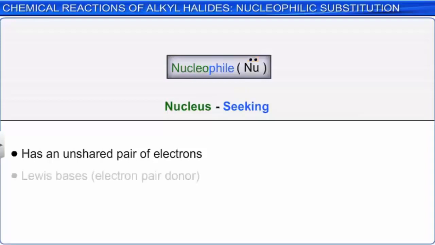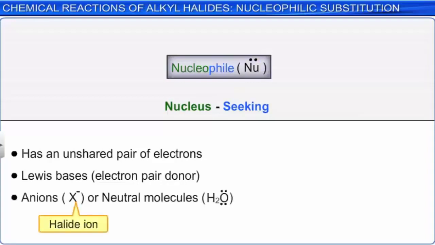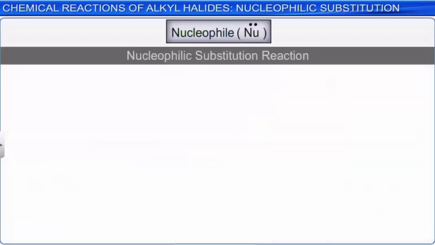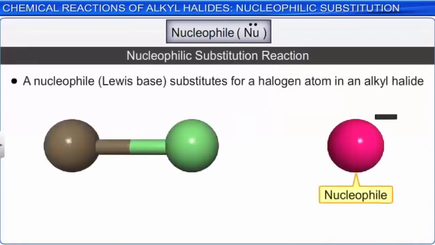Nucleophiles can be thought of as Lewis bases or electron pair donors. Nucleophiles may be anions or neutral molecules. In nucleophilic substitution reactions, a nucleophile or a Lewis base substitutes for a halogen atom in an alkyl halide.